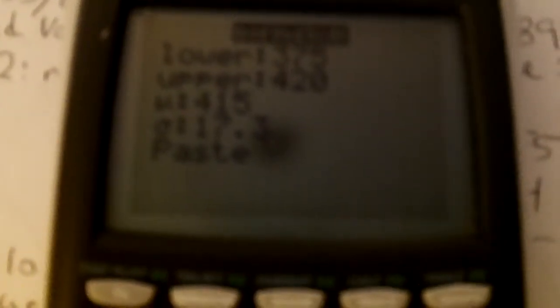As far as the upper is concerned, you've got a couple of different ways that you can handle this. If you want one rule that you can use all the time, what we're going to put in is what's called E99. It's scientific notation for 10 raised to the 99th power. We can't put infinity in on an 84 or an 83. The 89s have an infinity button, so for the upper, if you have no upper limit, you can actually put in an infinity.